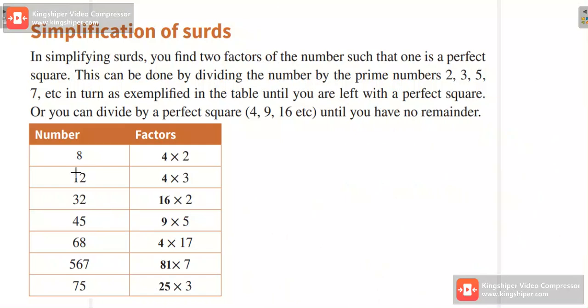When you take 12, we can write 12 as the product of 4 and 3, where 4 is the perfect square.